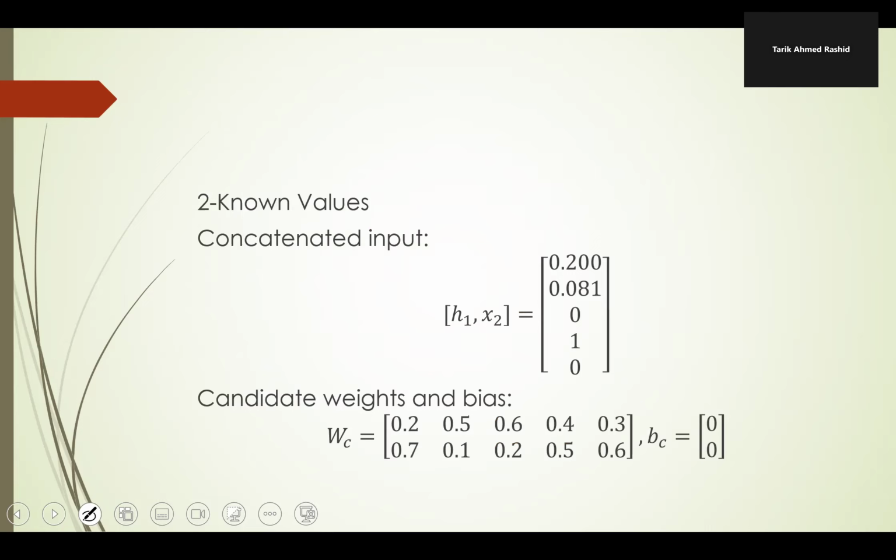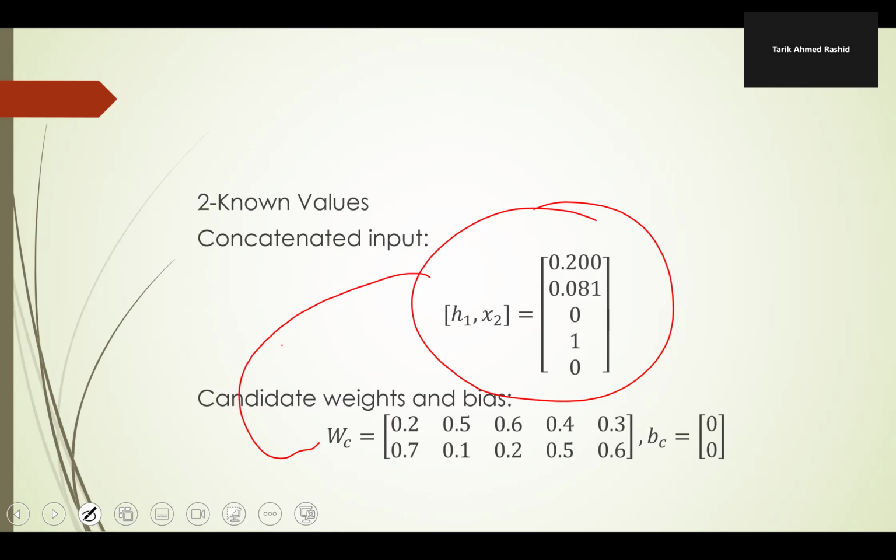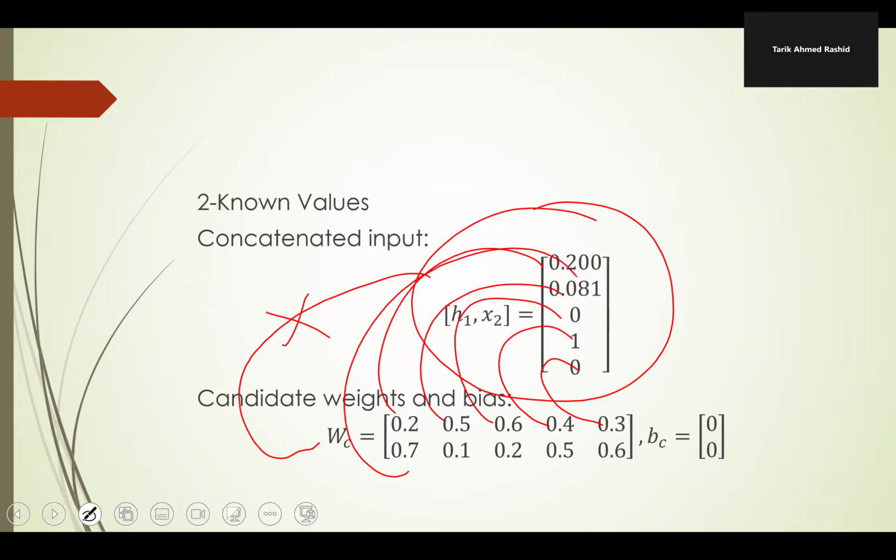So here the concatenated input with hidden is multiplied by the weight matrix: 0.2 multiplied by 0.2, 0.5 multiplied by 0.01, 0.6, 0.4 multiplied by 1, 0.3, and likewise row 2: 0.7 multiplied by 0.2, 0.1 multiplied by 0.081, 0.2 multiplied by 0, 0.5 multiplied by 1, 0.6.